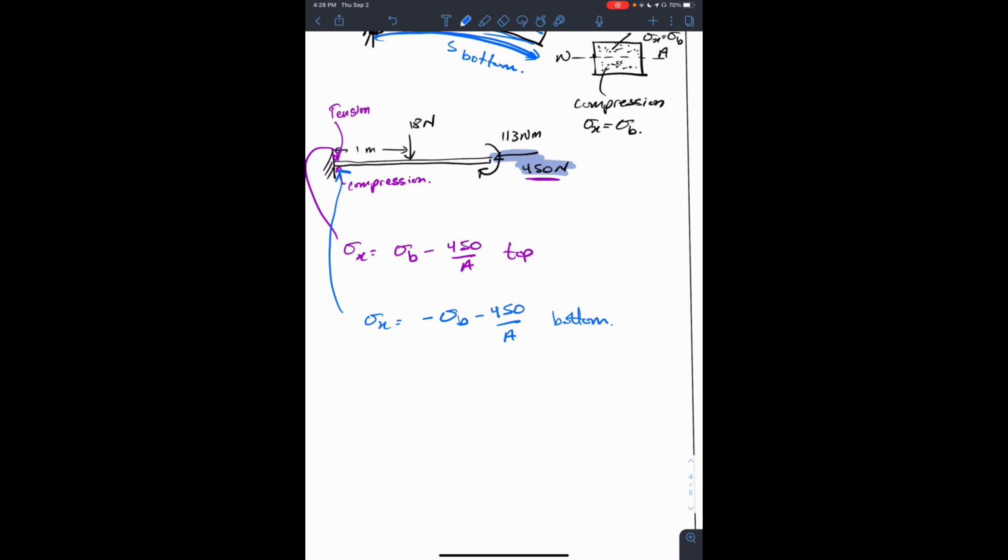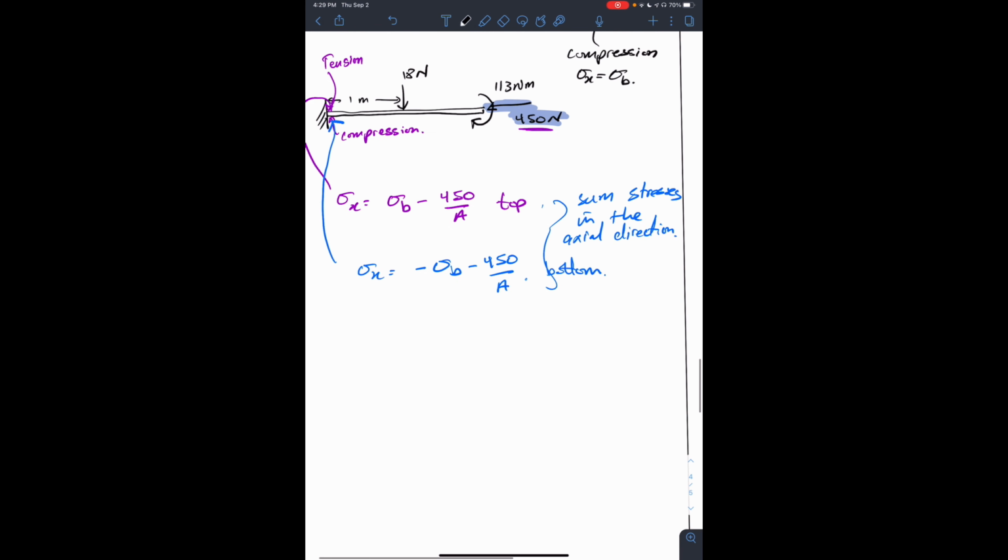So we sum these stresses in the axial direction. Out of these two values, which one do you think will give you a larger value? Forget whether it is negative or positive. The larger value would therefore be sigma x.